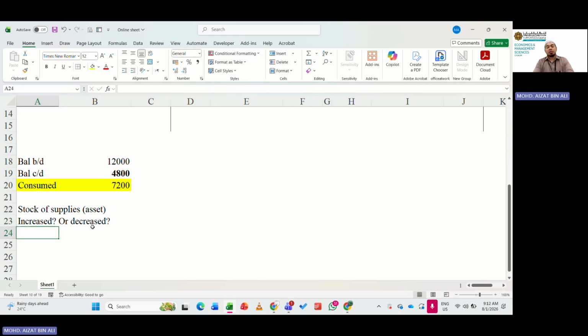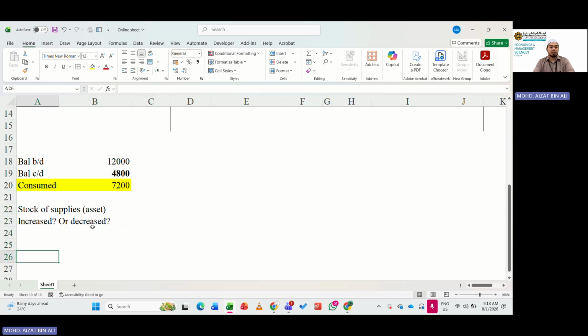Obviously, because the balance CD is lower than the balance BD, and also the question states that part of the supplies has been consumed, it means that the stock of supplies has decreased. When an asset decreases, should we debit or credit the account? The journal entry would be credited, right?